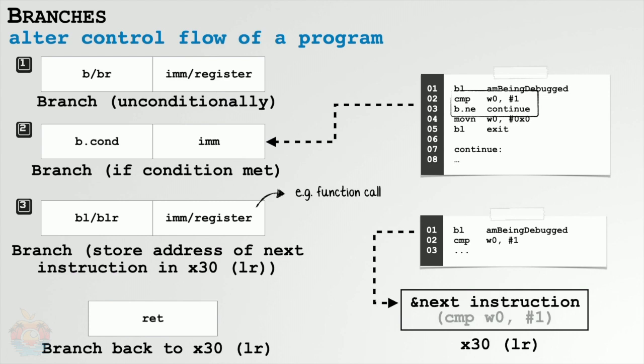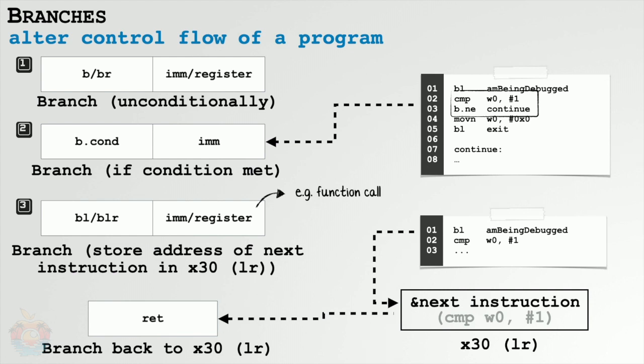And speaking of branching, let's take a closer look at some branch instructions and variations. First, noting that branch instructions are how ARM64 alters the control flow of a program. First, we have a B or a BR instruction. This is essentially synonymous to a jump instruction on the Intel platform.